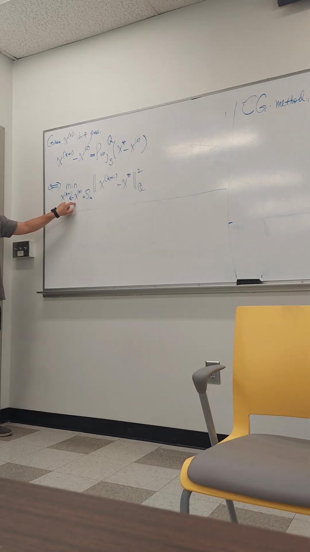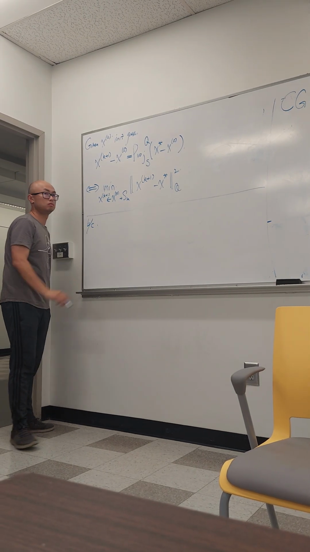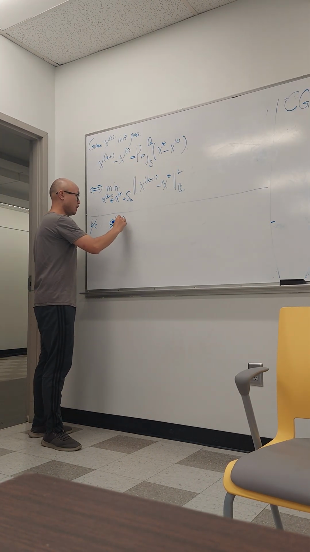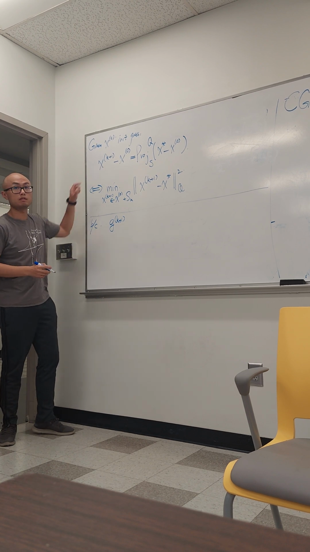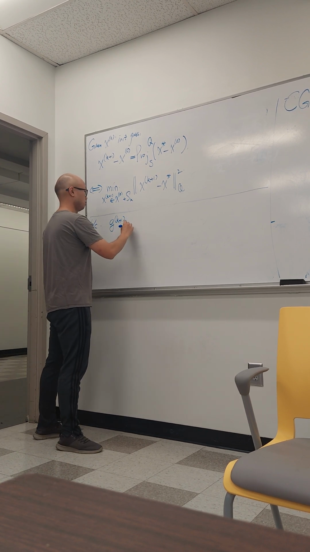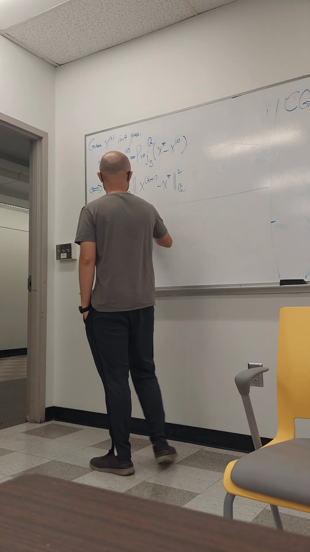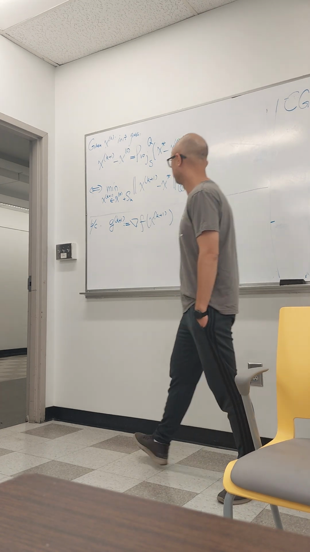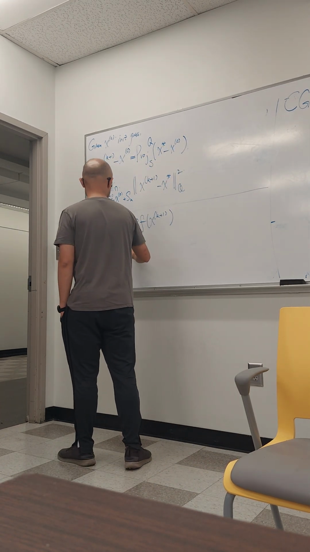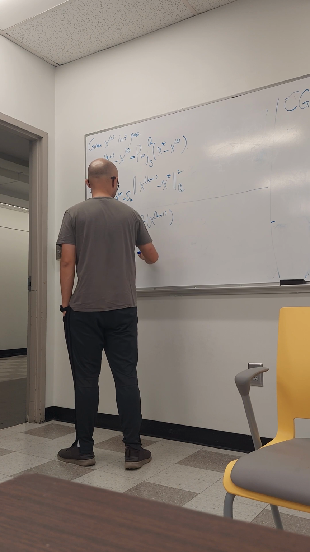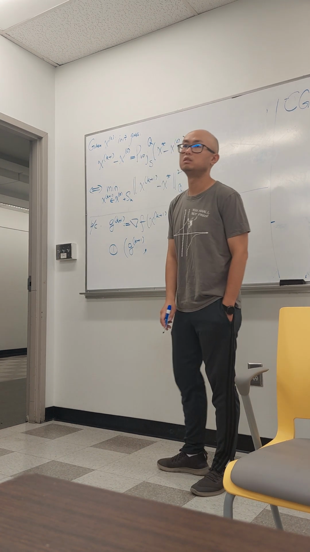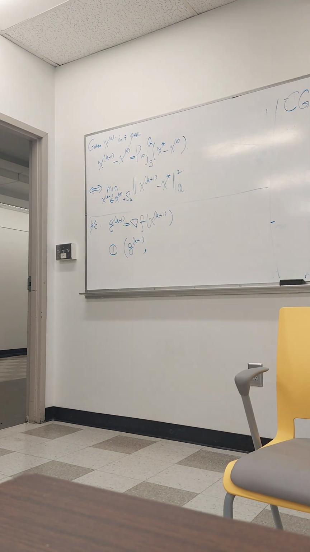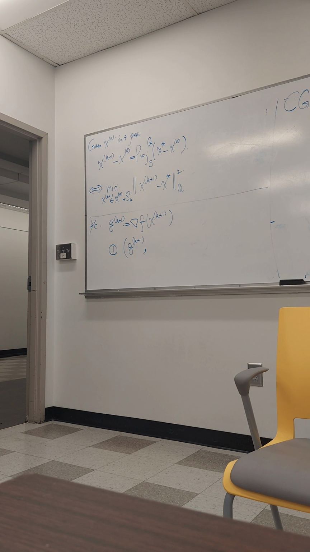Because of the Q orthogonality, the gradient at the k plus 1th iteration, which we define by taking the gradient of this one, we proved last time, number one, is orthogonal to all the bases here.